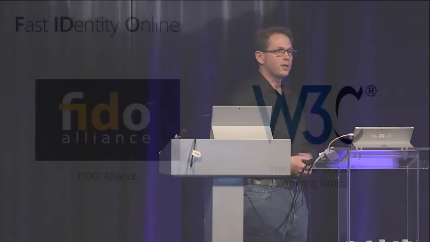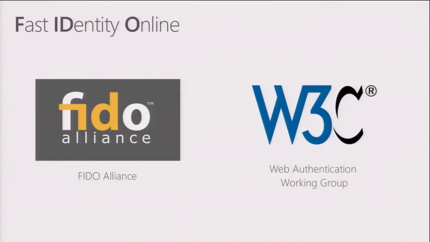So, Fast Identity Online. This is a proposal that's been worked on by a whole lot of people out in the industry, Microsoft among them. It's being worked on by two groups. The first one is the FIDO Alliance, which is just a group of industry experts, people across multiple companies, authentication companies, browser companies, people just generally interested in web security. They produced a proposal for a way for site developers like yourselves to integrate strong credentials into their applications.